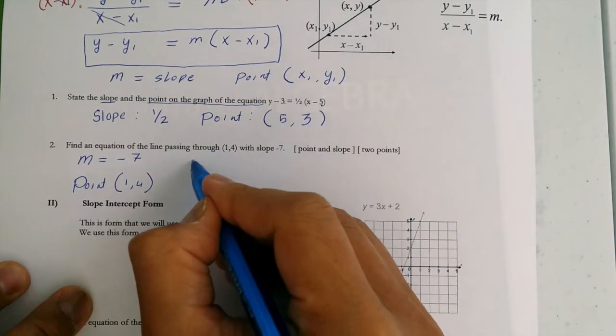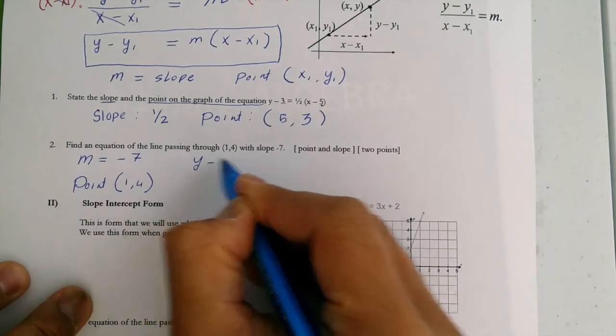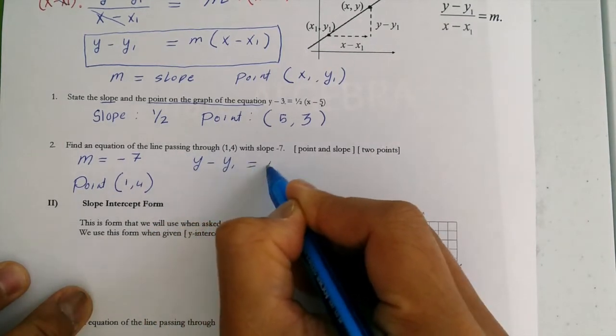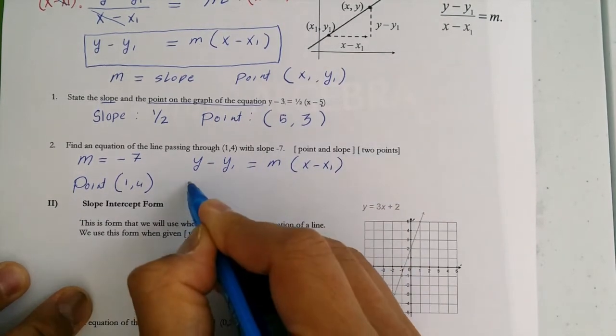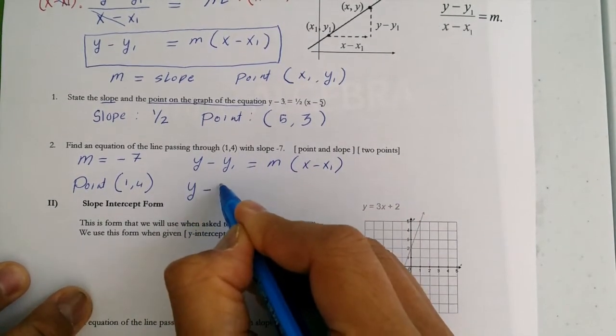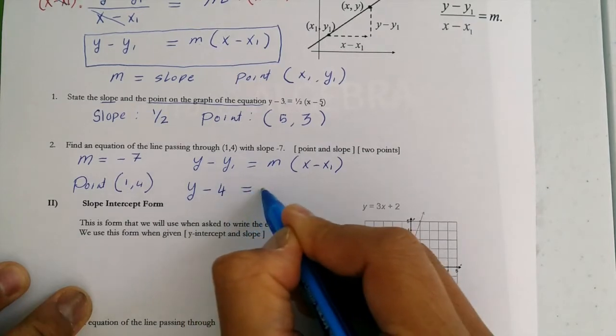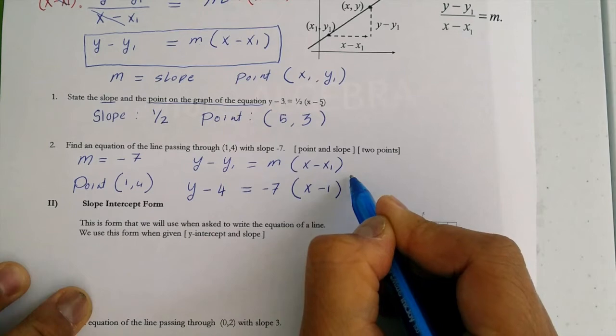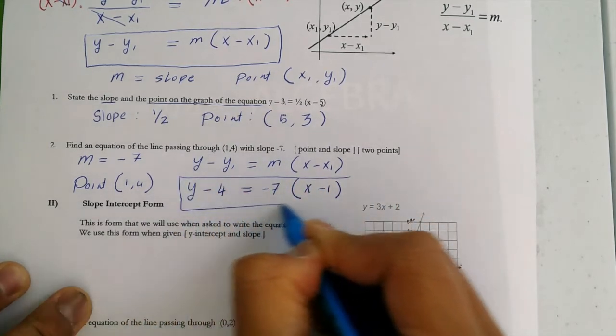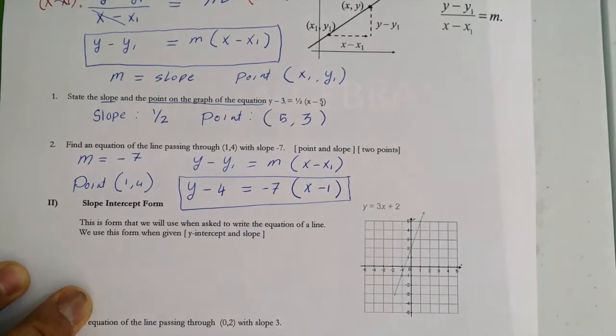So I'm going to write down the point-slope form: y minus 4 equals -7 times x minus 1. And we're done. This is the equation that they want us to come up with.